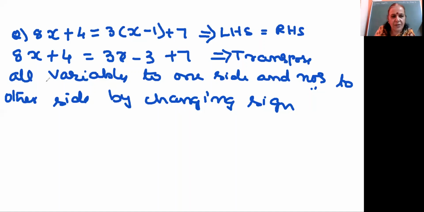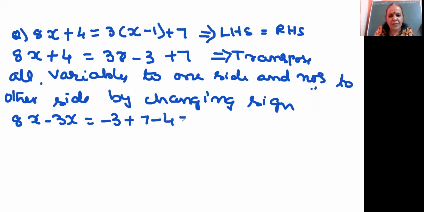Therefore, it is 8x minus 3x is equal to minus 3 plus 7 minus 4, which is equal to minus 7 plus 7. 8x minus 3x is 5x is equal to minus 7 plus 7 is 0.